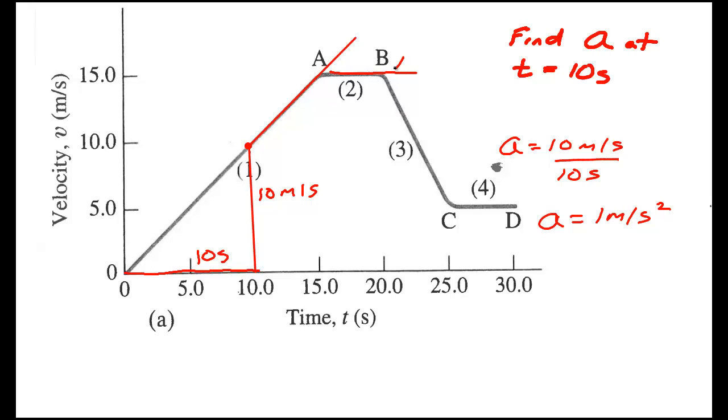This would imply a constant speed. It wouldn't be at rest. It would be moving at 15 meters per second, but it would not be accelerating. Anytime you have a straight line, for instance, in this region, you could apply the kinematic equations. But you couldn't apply them from 0 to 20 seconds because the graph doesn't stay straight.